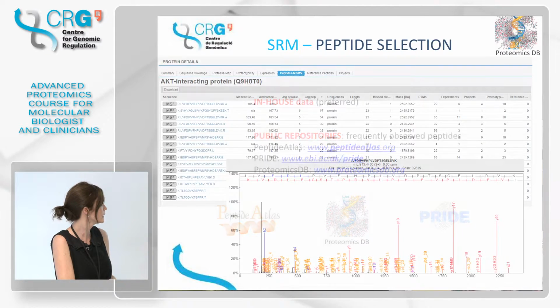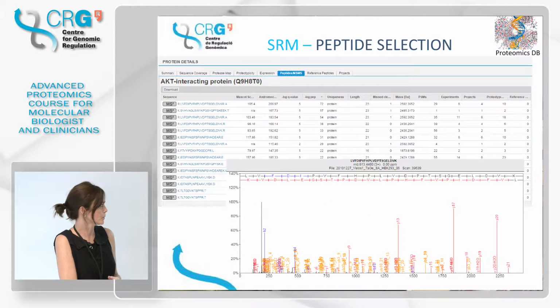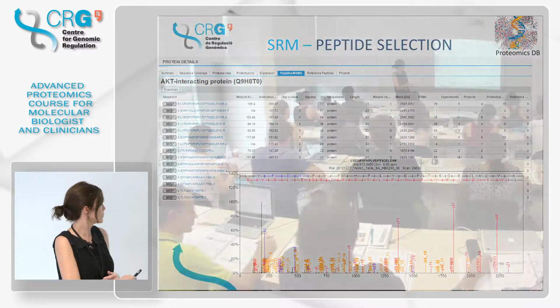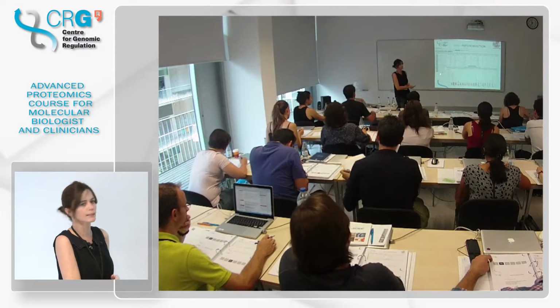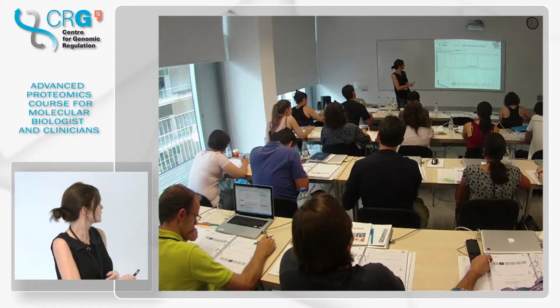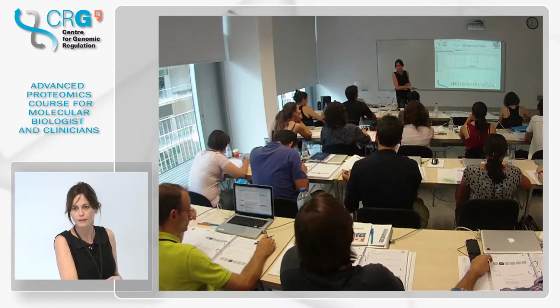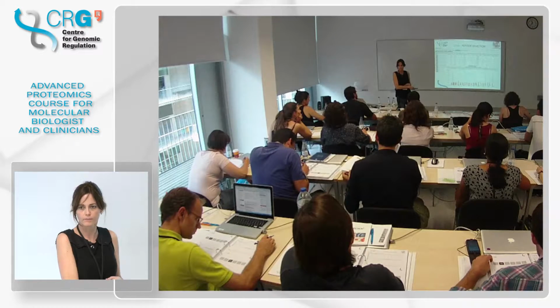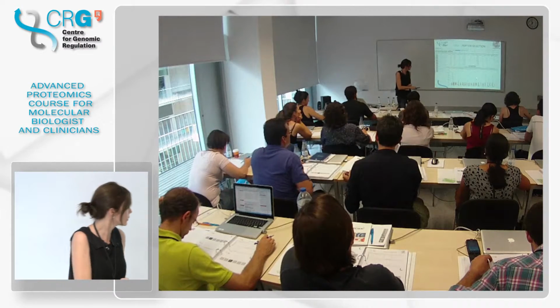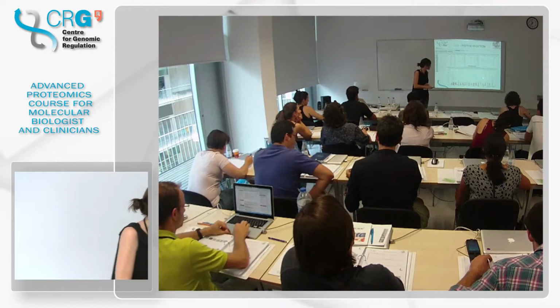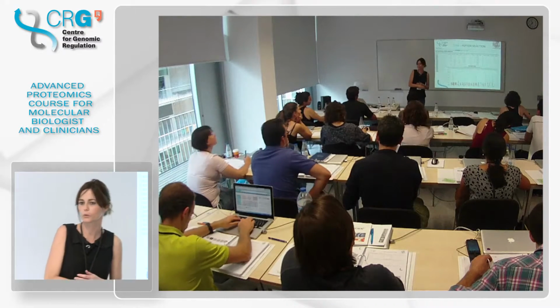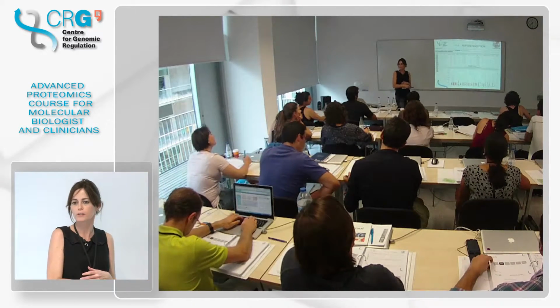This is, for example, ProteomicsDB, in which you can choose one protein, see the peptides that were observed, and click on one of these peptides to look at the MS2 spectra. And you can say, oh, look, here I see a Y13, Y17, and Y20, so most likely these are good transitions to monitor.